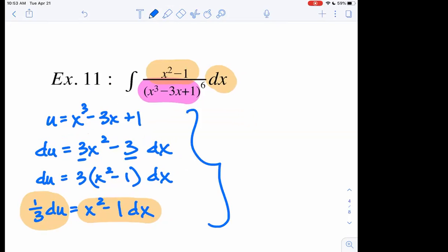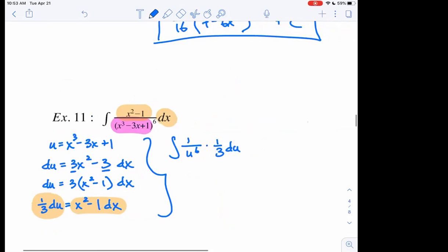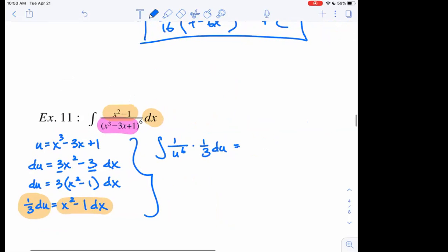So we have the integral of 1 over u to the 6th times 1/3 du. I'm going to take the 1/3 out to the front, and I'm going to write 1 over u to the 6th as u to the negative 6.